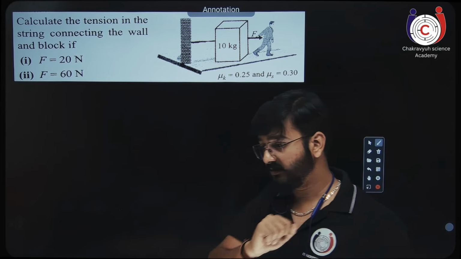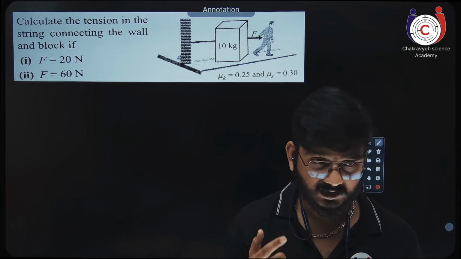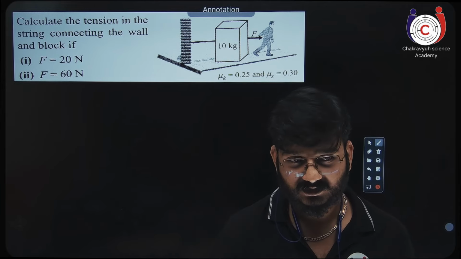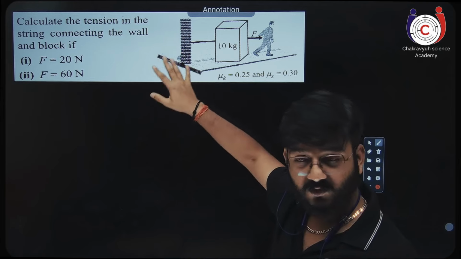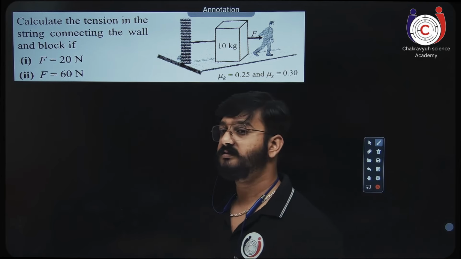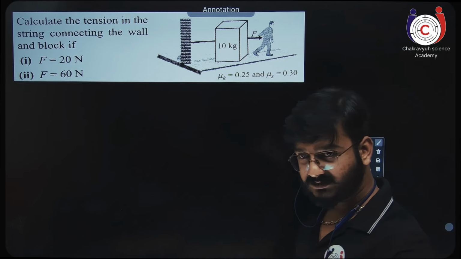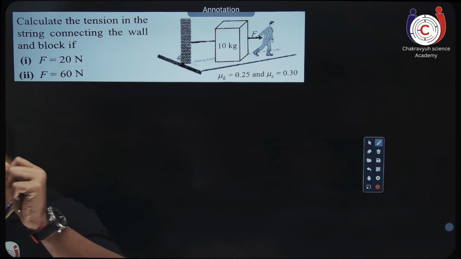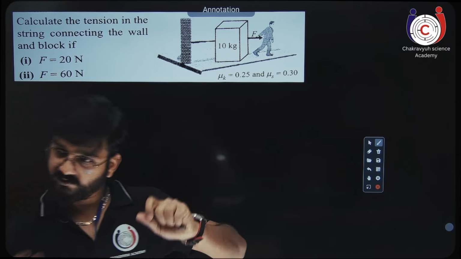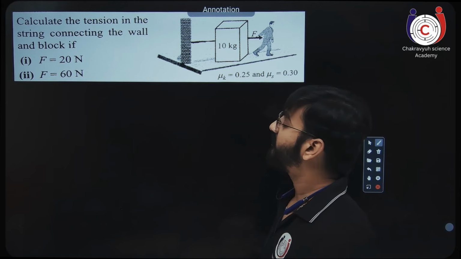The force I am putting on the block. Won't the string be tight when I pull the block? That is my question. What do you guys think? Yes, the string will be tight always. All of you understood my question? Anyone for no in the class? That there will be no tension in the string.